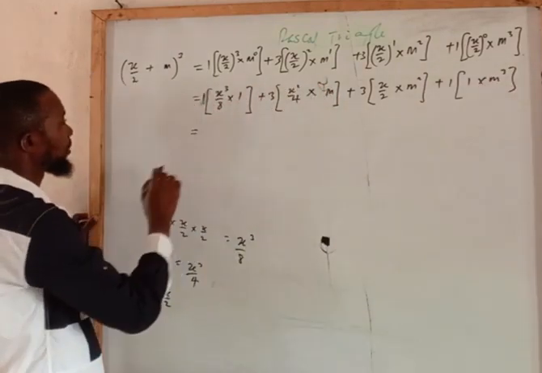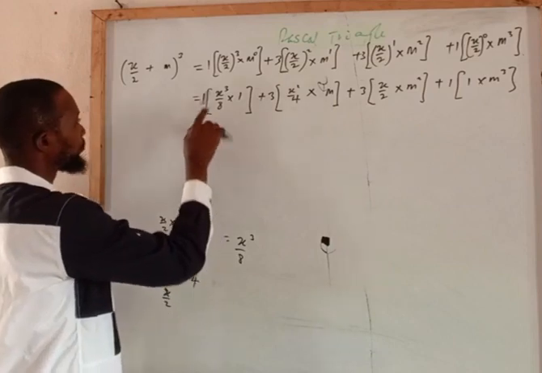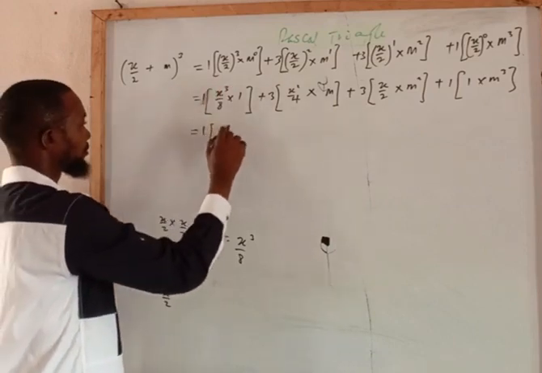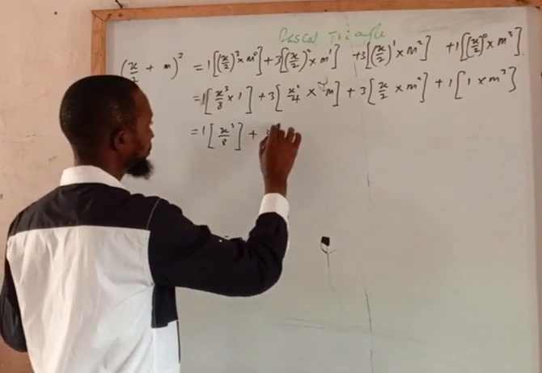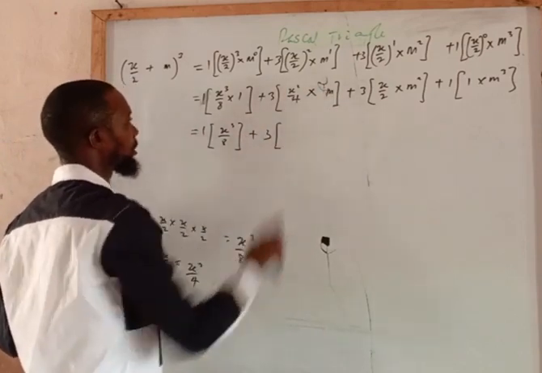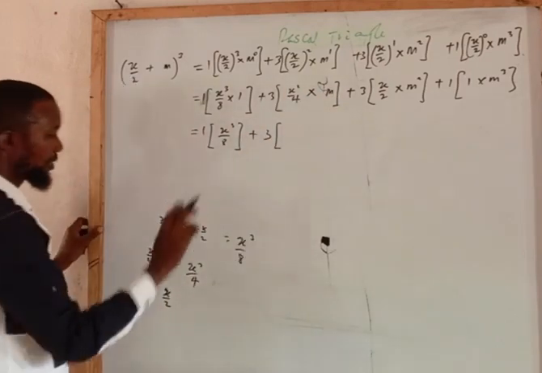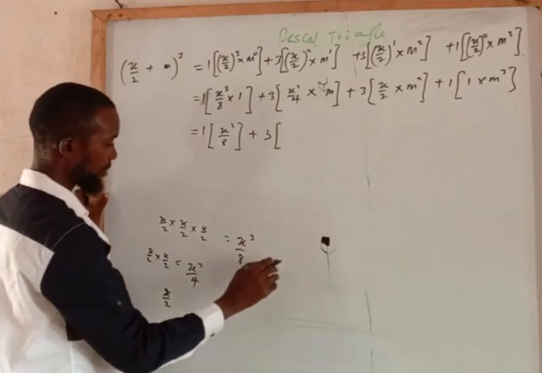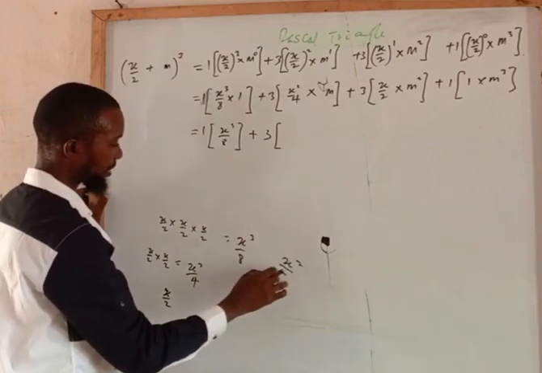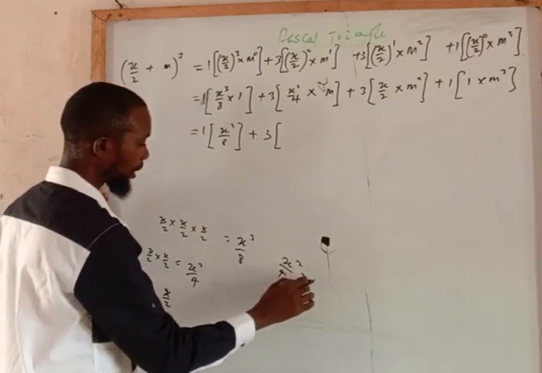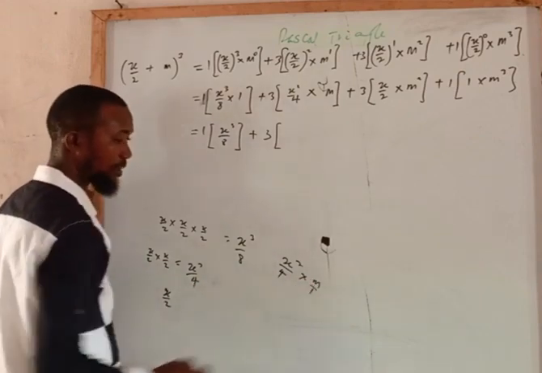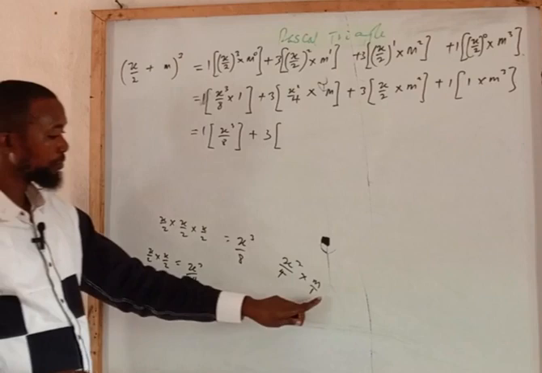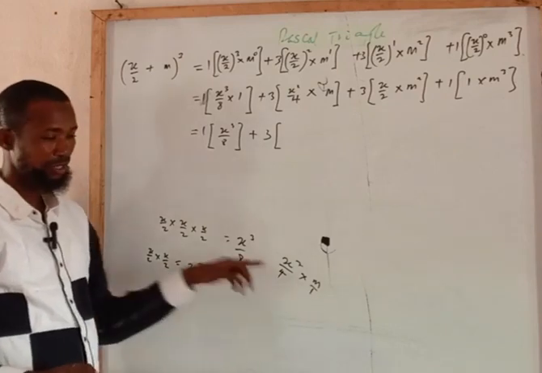So the result here becomes 1 into, this times 1 gives x raised to power 3 over 8, plus 3 into, when this is done, let me do it in a stepwise manner. What I want to multiply there is x squared over 4 multiplied by m. I can as well write this m as m over 1 so as for it to be in fractional form.